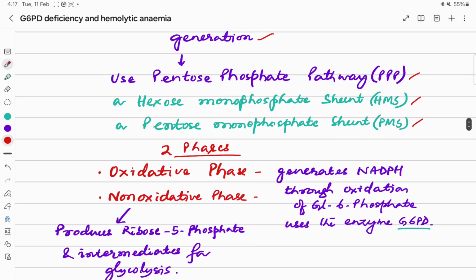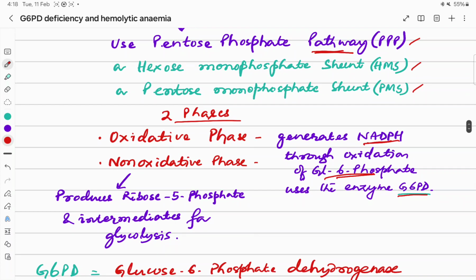So this pathway has two phases. The first phase is oxidative phase and the other is the non-oxidative phase. In oxidative phase, there is generation of NADPH through oxidation of glucose 6-phosphate, and here it uses the enzyme glucose 6-phosphate dehydrogenase. The non-oxidative phase produces ribose 5-phosphate and other intermediates for glycolysis.